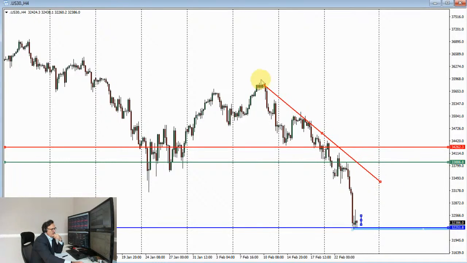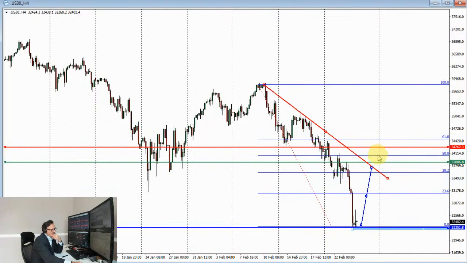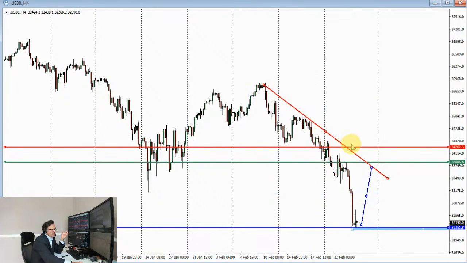So you have high, lower high, lower high, lower high, lower high. So if the price goes into that kind of trend line area, it brings you to that level. You can also use your fib from here to here, and this is that nice 50 and 61.8 fib retracement zone as well. So there's more things pointing to this area here as an area of interest.